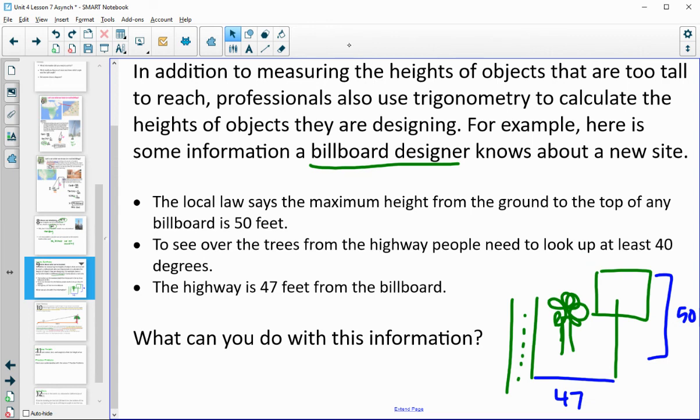Then they have to be looking at a 40-degree angle. Okay, so thinking about, because it just can't be more than that. So then thinking how high this billboard needs to be between, when they see over the tree. So you could calculate that information to figure out how low the bottom of the billboard would be.